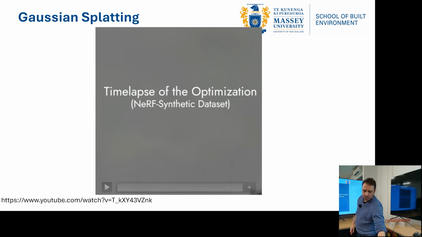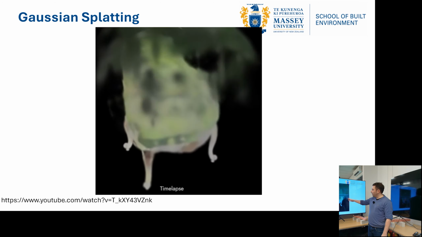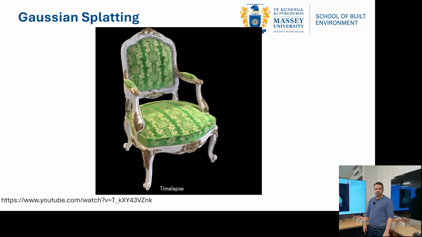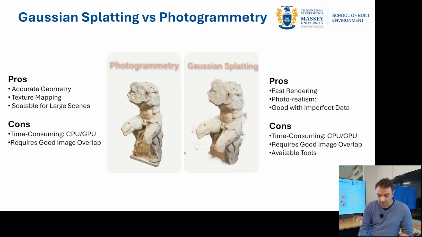This is an example of how this process works, from a really big splatter to a 3D model that looks almost photorealistic. The good news is that this technology is already in Polycam, so you can start using it straight away.